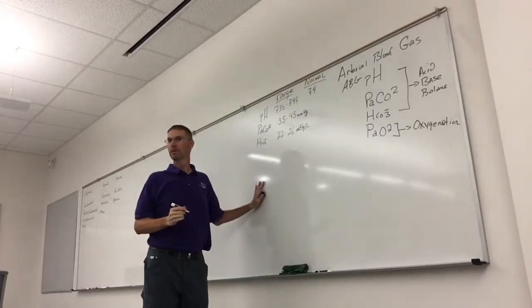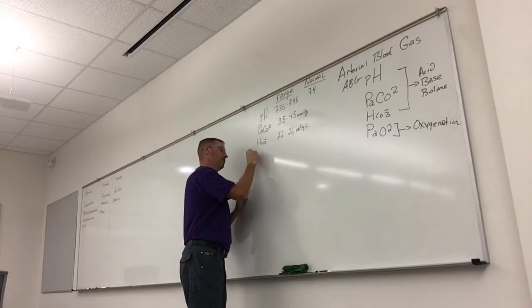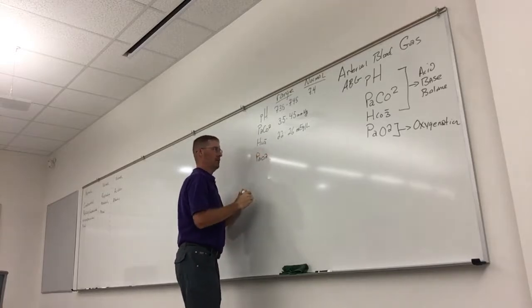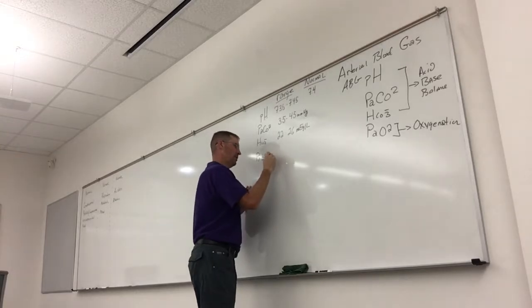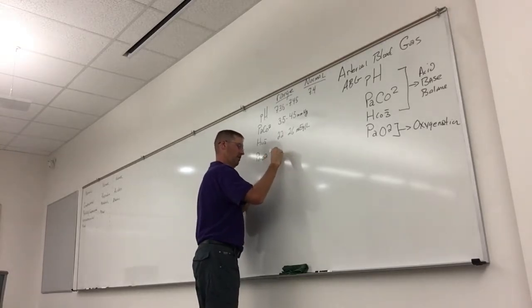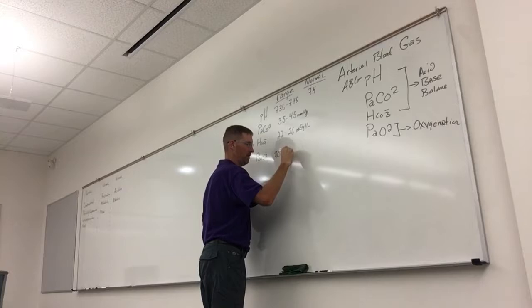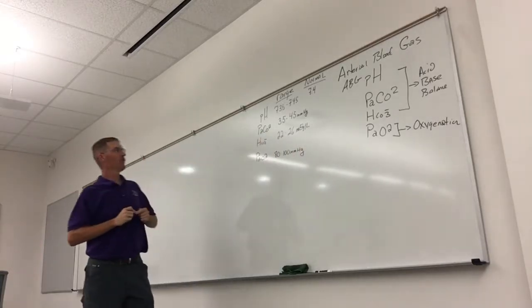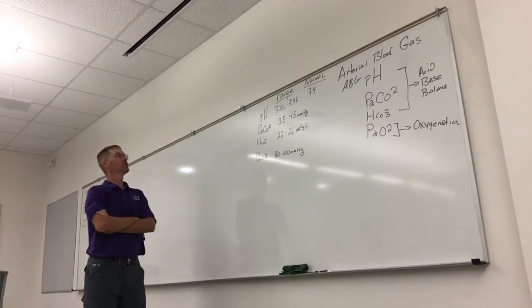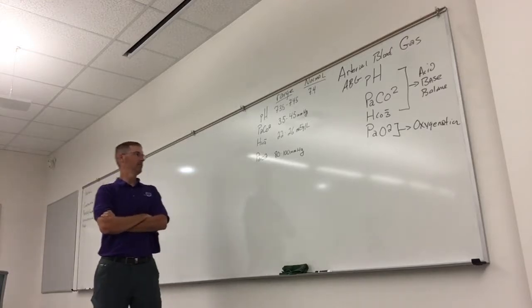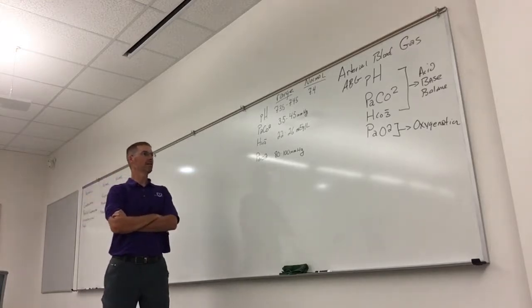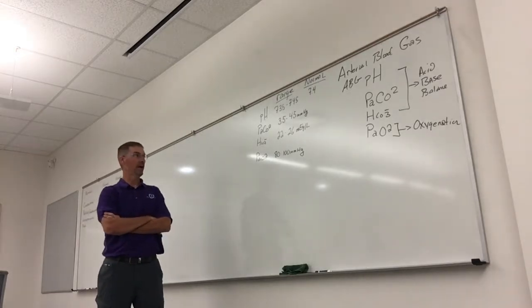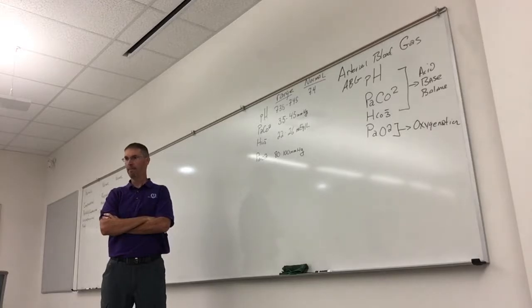So far, so good? And then the PaO2, again, this is not used to determine acid-base balance but is used to determine oxygenation, is 80 to 100 millimeters of mercury. So these are the normal ranges and values of the various components of the arterial blood gas, or the primary things we're going to look at. Are you guys okay with that? Okay.